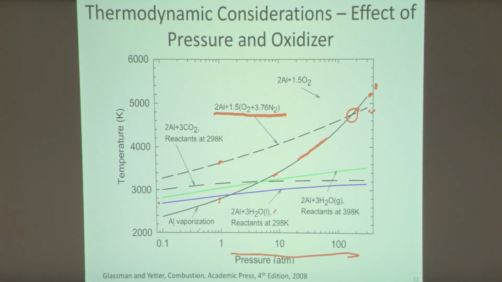Looking at the case here where I'm reacting the aluminum with water in the liquid state, you can see not too much above 1 atmosphere, I'm going to have that crossover point. And so I'm going to see the system change from a vapor phase reaction potentially to a heterogeneous reaction. And in the case of CO2, it crosses over here, so maybe at about 7 or 8 atmospheres, I'm going to see that switch over.